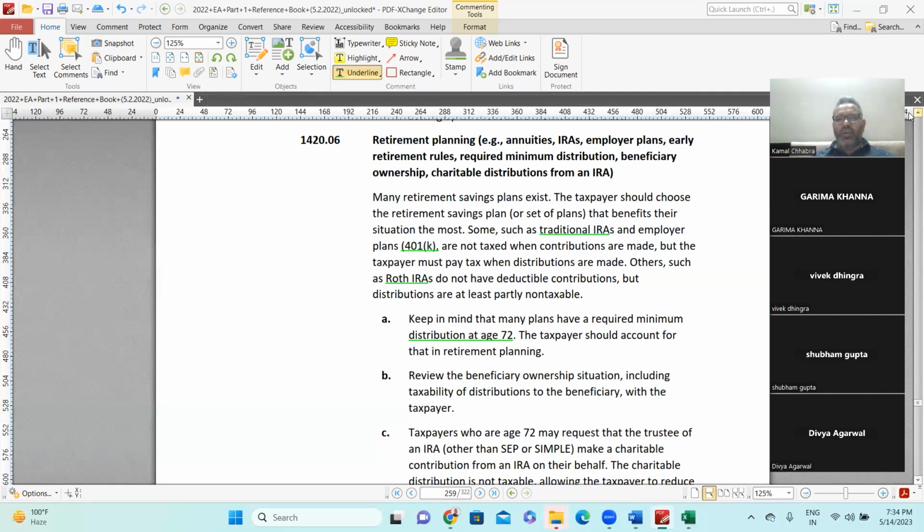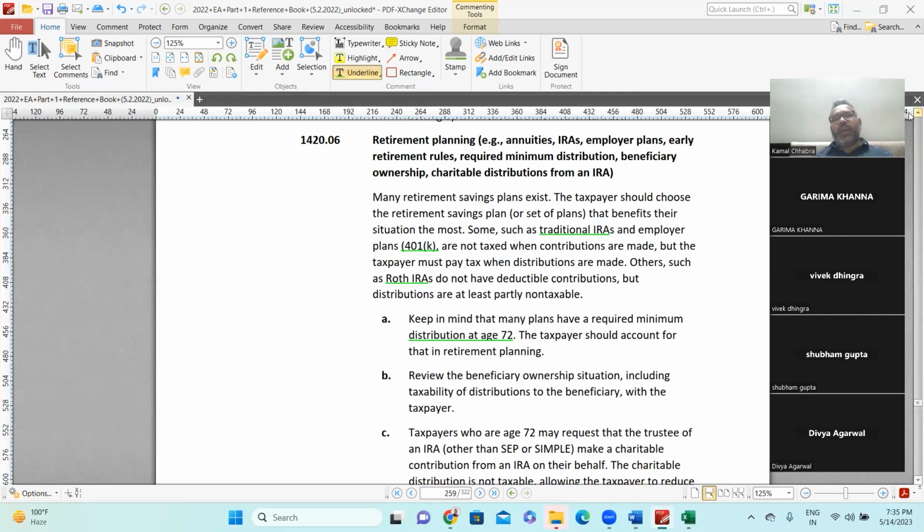So as an individual, you can choose either a traditional IRA, a Roth IRA, or a 401k plan, or any such plan. But a couple of things you need to keep in mind are distribution timelines and distribution age. If you remember, the Roth IRA has a distribution age of 72, right?